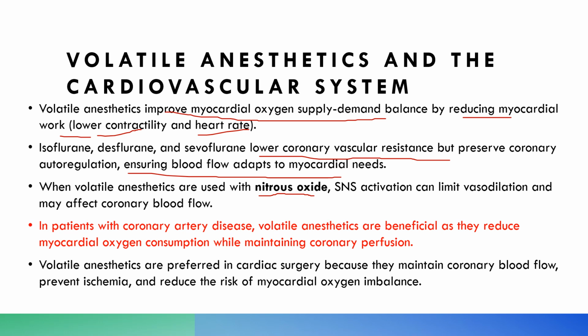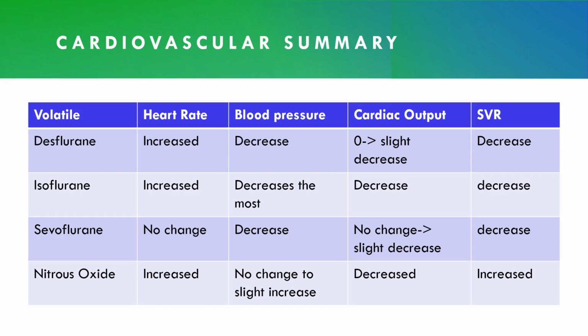But overall, in patients with coronary artery disease, volatile anesthetics are beneficial as they reduce myocardial oxygen consumption while maintaining coronary perfusion. Volatile anesthetics are going to be preferred in cardiac surgery because of this. Here's your little graph or table that lists out your different effects, okay? There's a summary of each one of these. I would notice the differences amongst each one, okay?